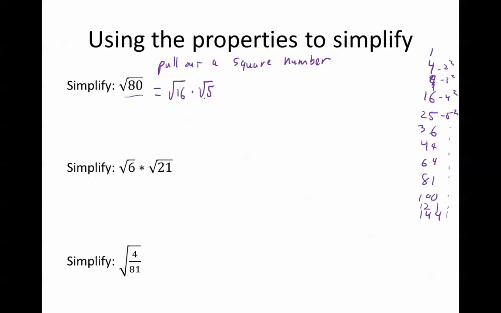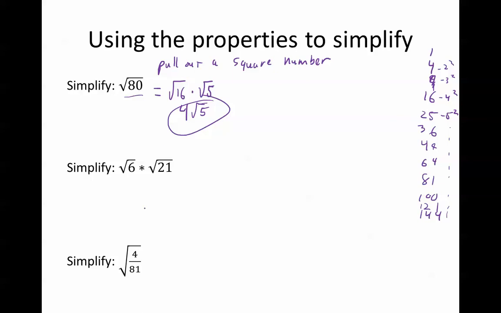The reason I want to do that is because 16 is a square number, and the square root of 16 is 4. And then the root 5 just hangs out there. So there it is, that's my simplified root. I made a list of my square numbers, and I found the largest of those that multiplies into 80.